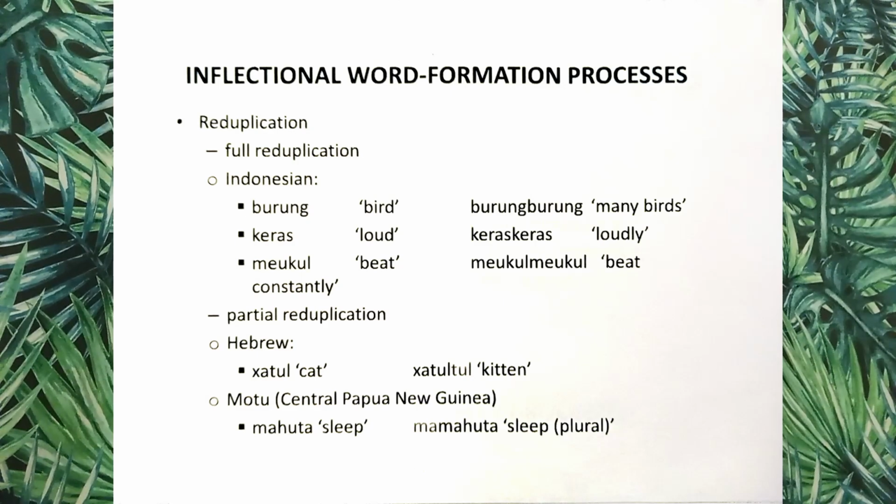Let's take the example word ksetu in Hebrew. So ksetu means cat. As the rule of partial reduplication, here we are going to double part of the word ksetu.